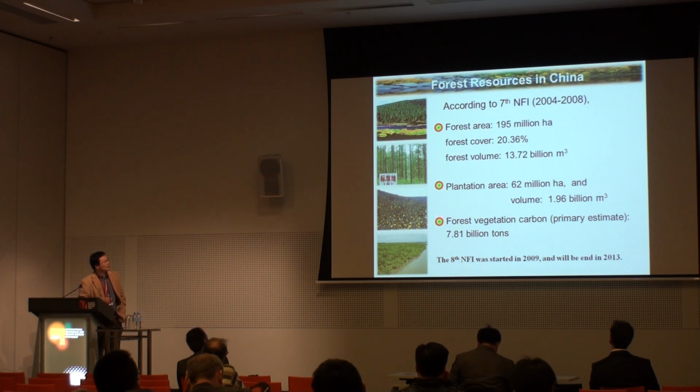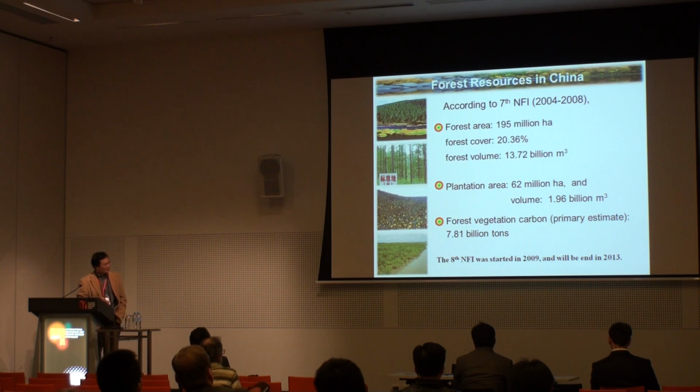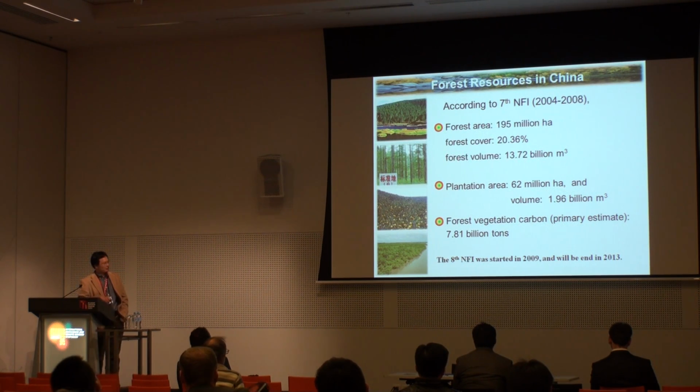And the plantation area is also very huge, almost 62 million hectares. I mean, it's almost 1/3 of the total forest plantations. And now we have almost finished the 8th National Forest Inventory, and the report will be published this year.